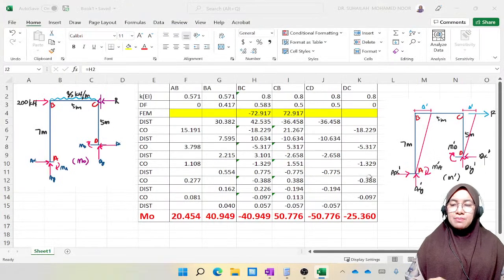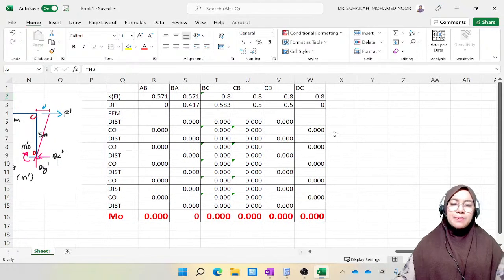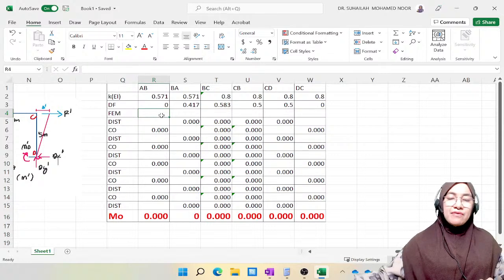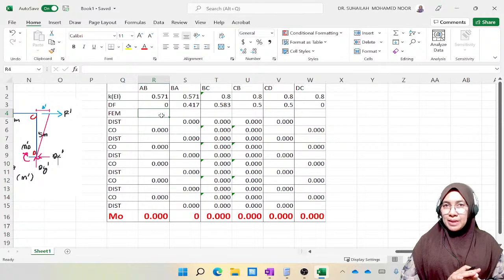So we put it into table number 2. I just need to change the FEM value. We have assumed FEM for member AB is negative 100, equal for AB and BA.